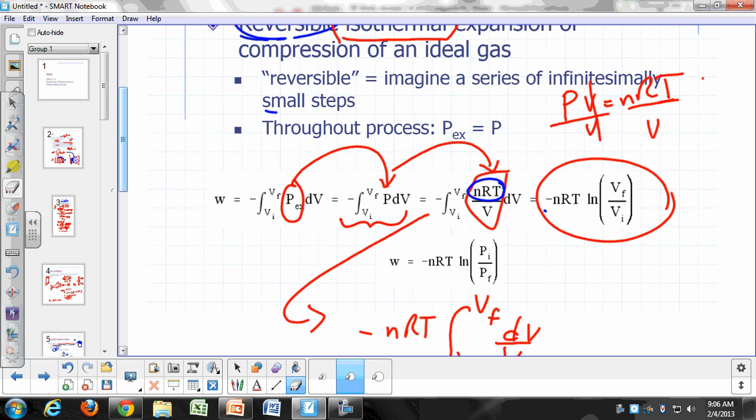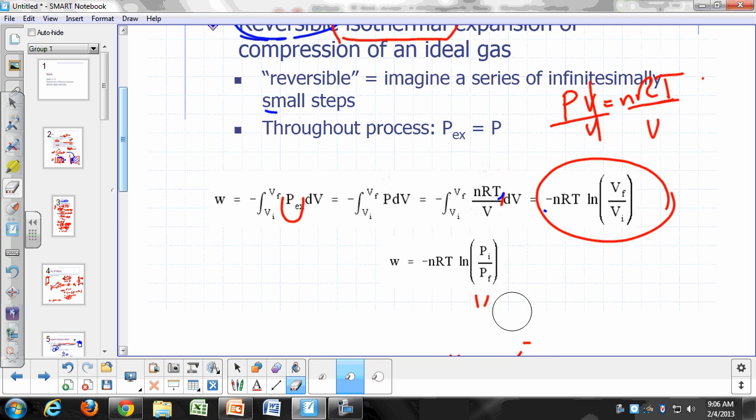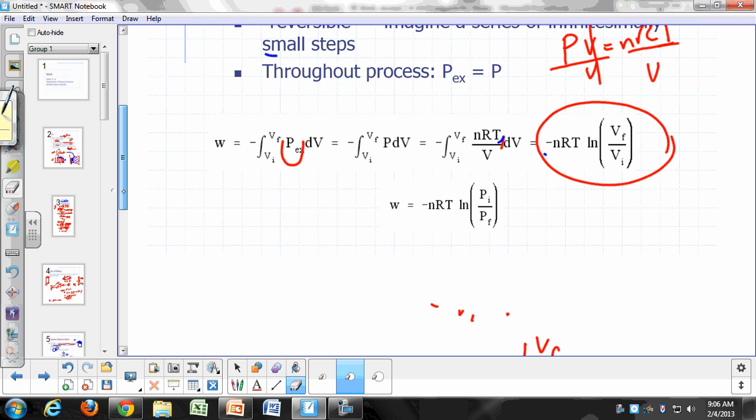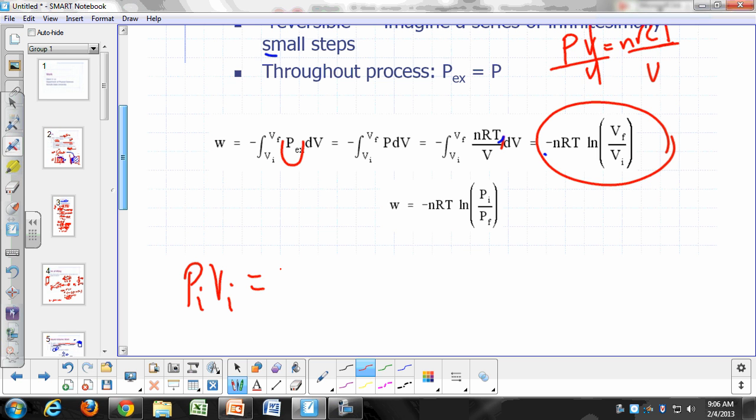Now, since it's an ideal gas at constant temperature for a fixed amount of gas, Boyle's Law applies, right? Since this is isothermal, PiVi must be the same as PfVf. They're both equal to nRT.